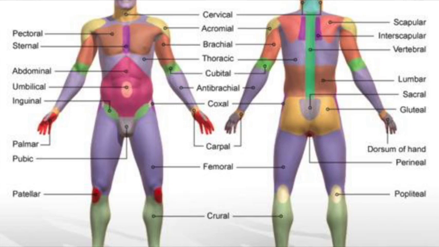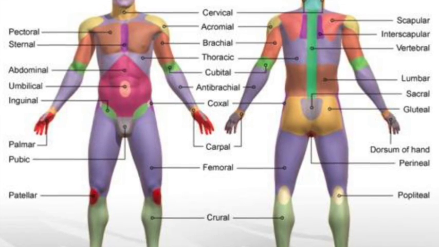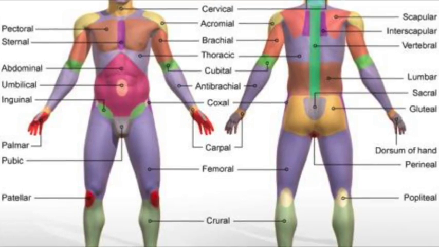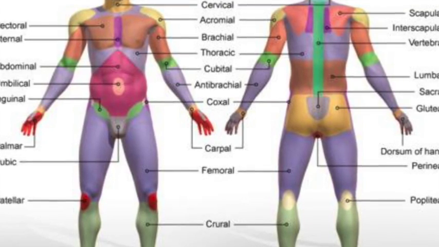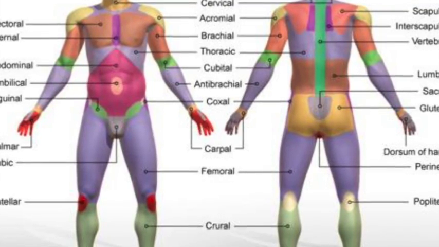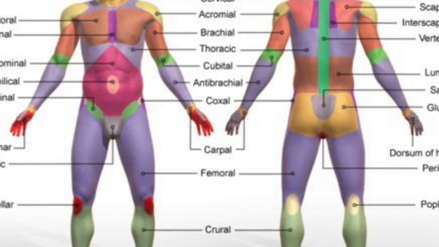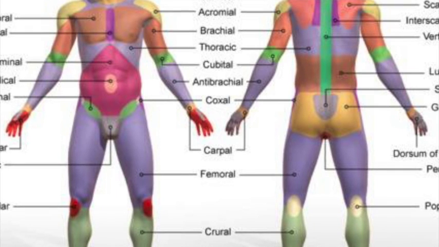The body planes are used to see the internal organs and many parts of the body in the exterior. So the body is divided in many planes, such as the sagittal plane that passes vertically from the top of the body to the bottom.